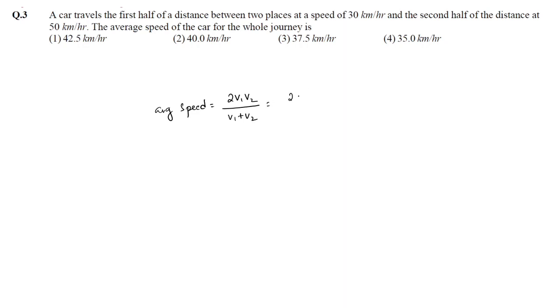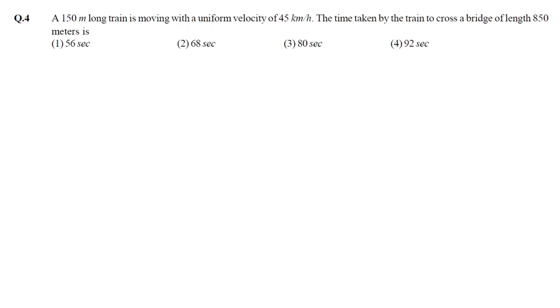So 2 into 30 into 50 divided by 30 plus 50. So it will be 75 divided by 2, which is equal to 37.5 km per hour. So we can go with option 3. So now see the next question.